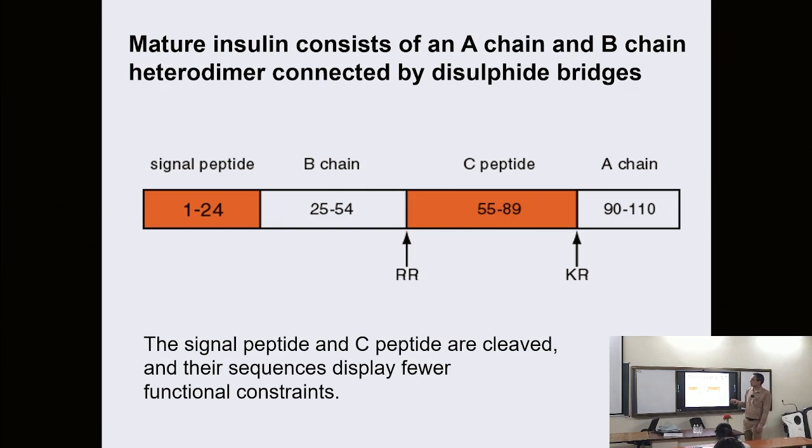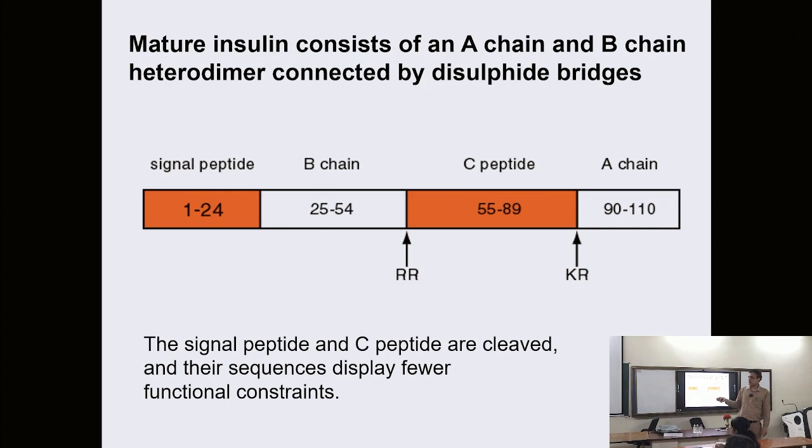The signal peptide and C peptide are cleaved out from the mature insulin protein, so what remains is the heterodimer of A chain and B chain. Because they are not needed for the mature protein, there are fewer functional constraints on the signal peptide and C peptide.